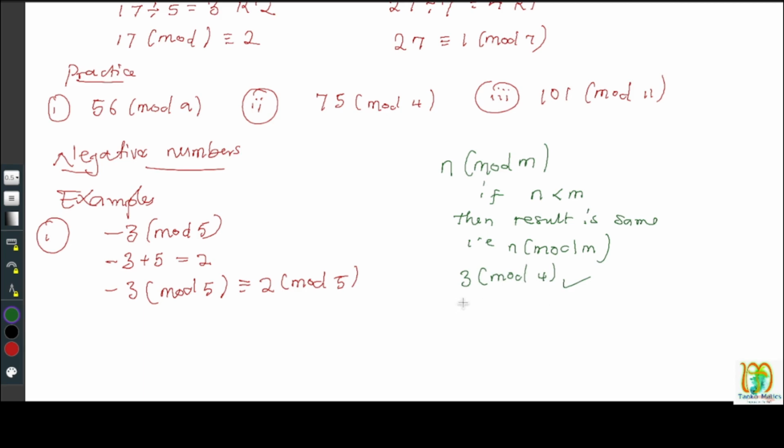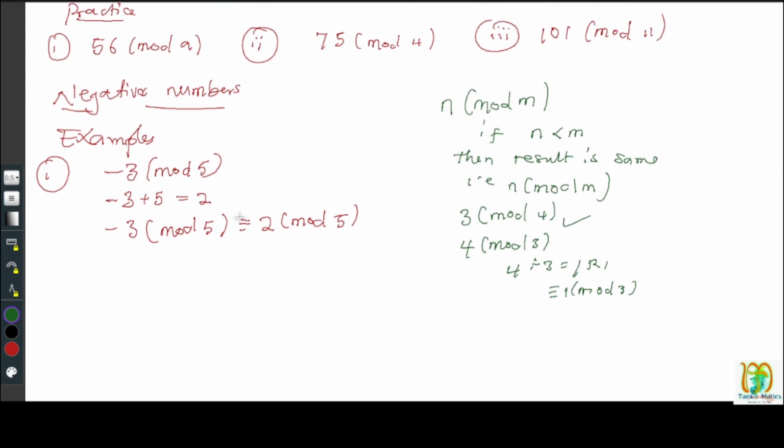But if I have 4 mod 3, this is where I have to do 4 divided by 3, which is 1 remainder 1, so this is congruent to 1 mod 3. So whenever you have a number that is less than the modulus, you leave it like that. But when it is above, then you have to divide to get your modular arithmetic result.